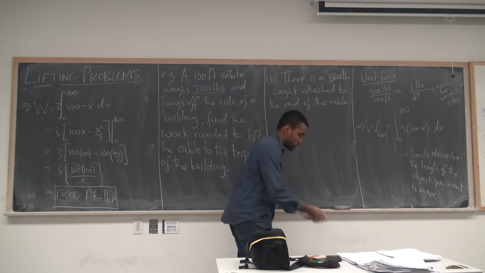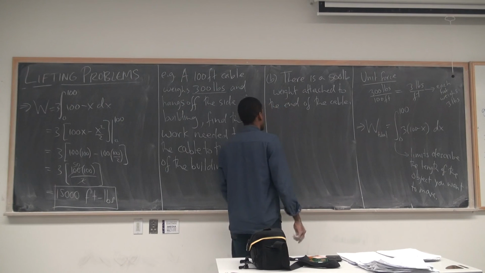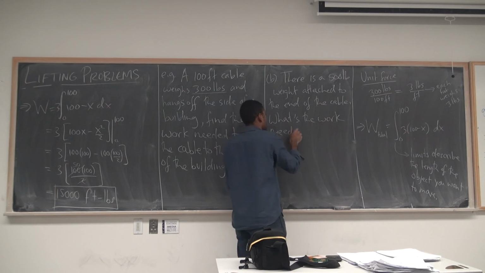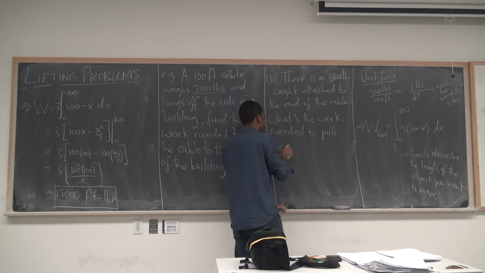Right, so we're using the cable to transport this 500-pound object. We need a big metal cable to pull up a 500-pound object to the top of a building. Okay, what's the work needed to pull the object to the top?